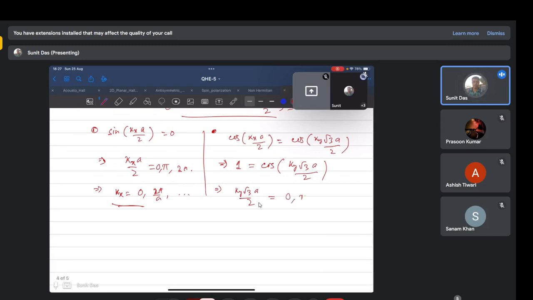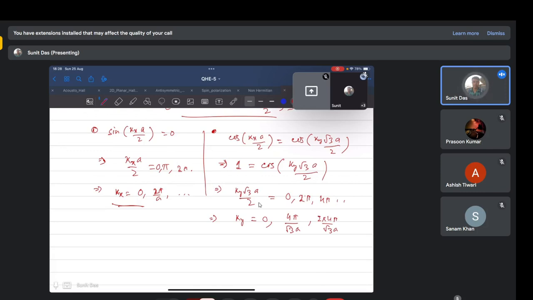So this is plus 1, so 2 pi and so on, 4 pi, etc. So this will translate into ky equal to 0, and then another is 4 pi by root 3a and so on, 2 into 4 pi by root 3a.